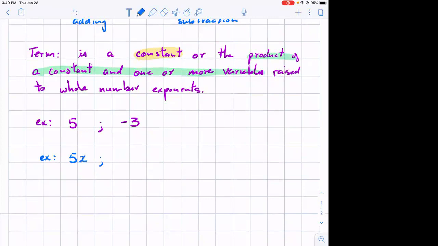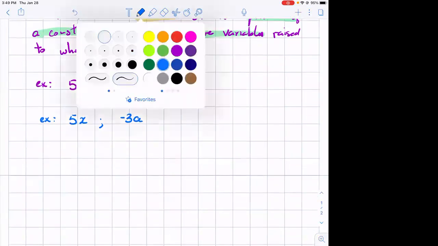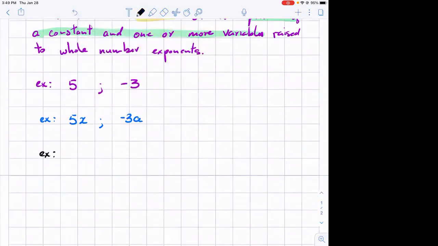Or we can have minus 3a. Or we can continue with this and we can say, well, we even have 2, the constant, the variable, and some exponent, 3.